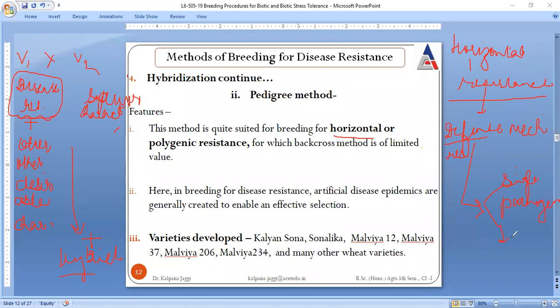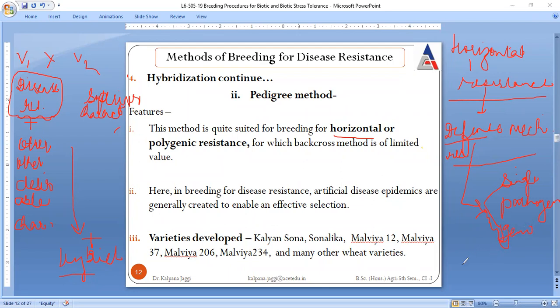Plants have the defense mechanism, and that defense mechanism is active against the genotype of a single pathogen.